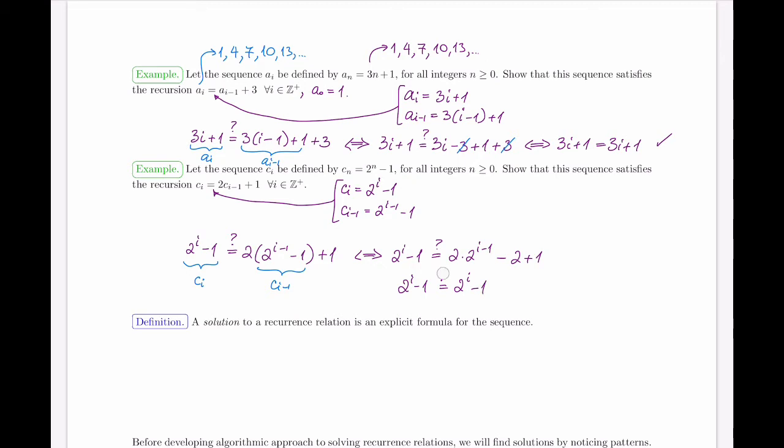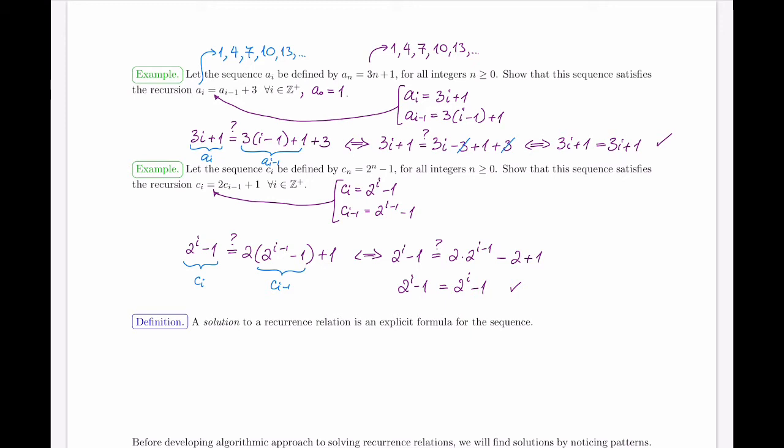And that is fantastic news because I can see that the left-hand side is in fact equal to the right-hand side. So this all checks out, which means that using this explicit definition also made the recursion definition satisfied. So these two different ways actually define the same sequence of numbers. This is how we can check the recursion.